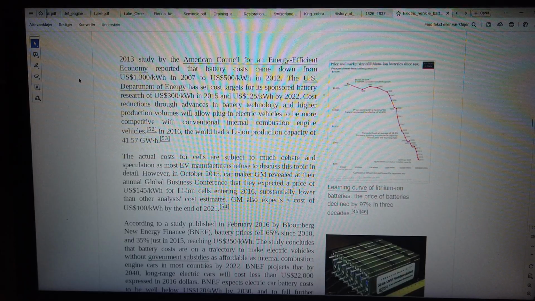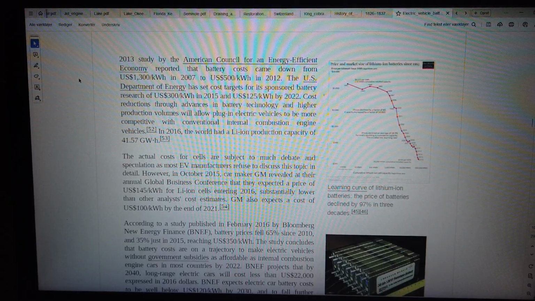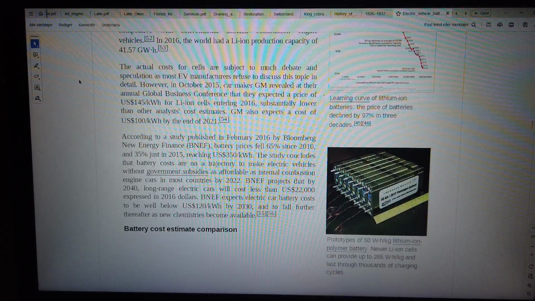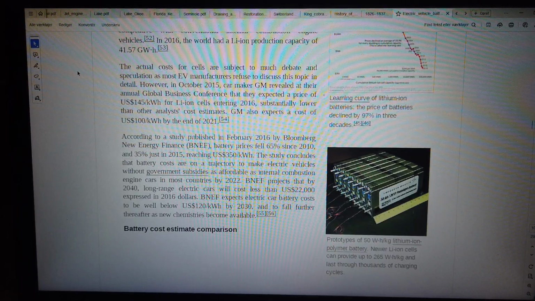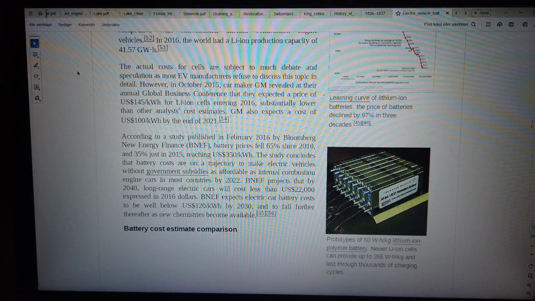52. In 2016, the world had a Li-ion production capacity of 41.57 GWh. 53. The actual costs for cells are subject to much debate and speculation as most EV manufacturers refuse to discuss this topic in detail.